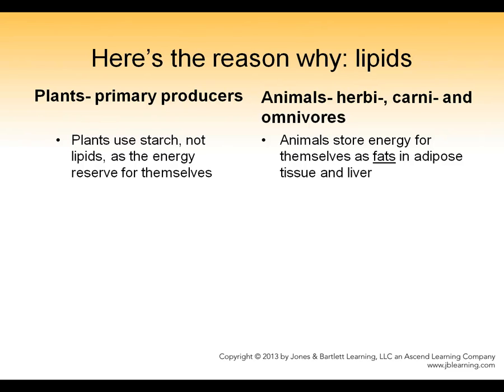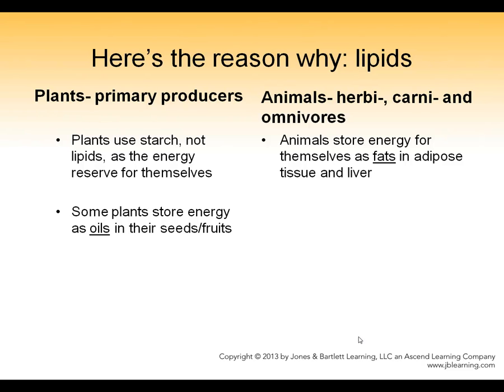Why? I think I've gone through some of these reasons already. Plants use starch and not lipids for the major part of their life cycle, but for us on a day-to-day basis we draw on fats as our energy store when we're not actively taking in food.